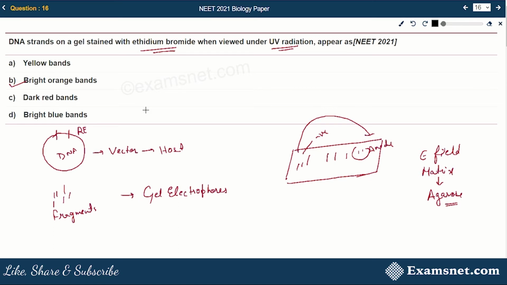So these will appear as bright orange colored bands. What was the role of ethidium bromide? It basically acts as an intercalating agent. That means it is stacked in between the nitrogenous bases of the DNA and makes them visible. So I hope you understood.